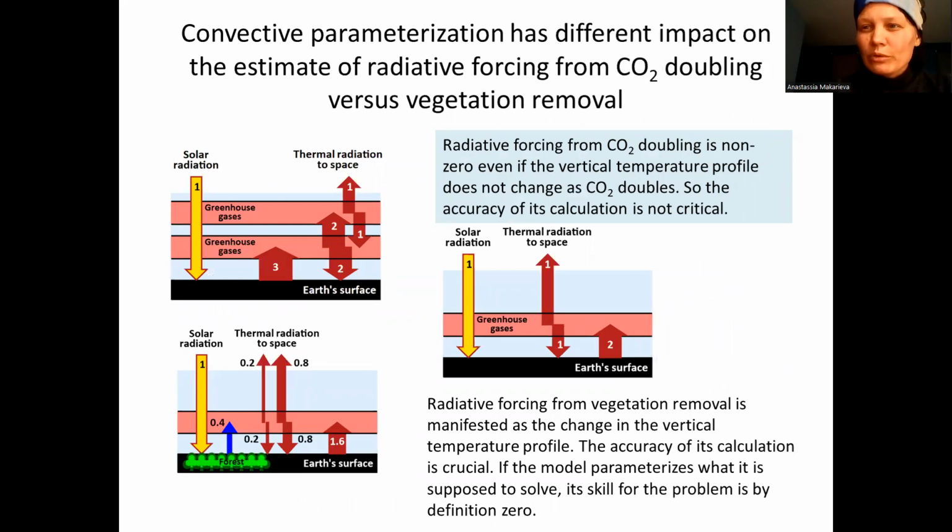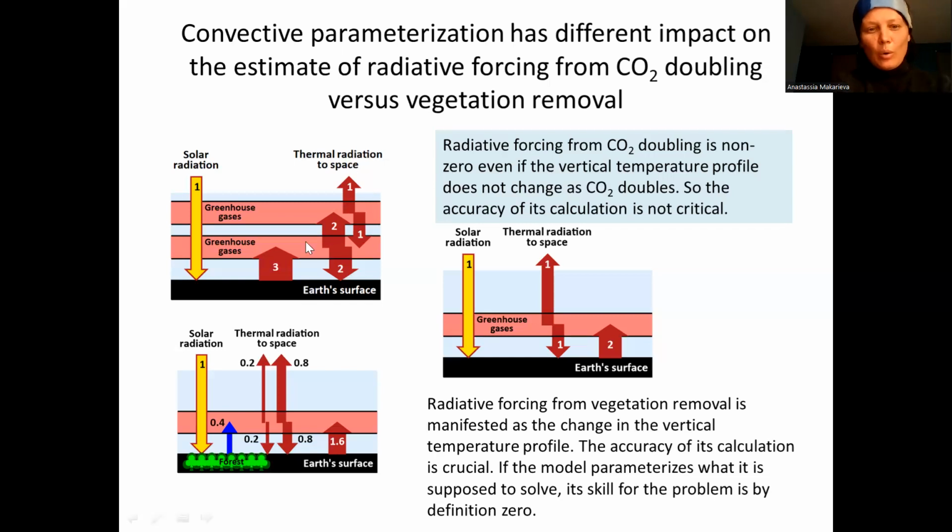And here we come to the point that I was referring to during the webinar: radiative forcing from CO2 doubling is non-zero, even if the vertical temperature profile does not change as CO2 doubles. So the accuracy of this calculation is not as critical for the task of calculating the radiative forcing from CO2. Because take a look here.